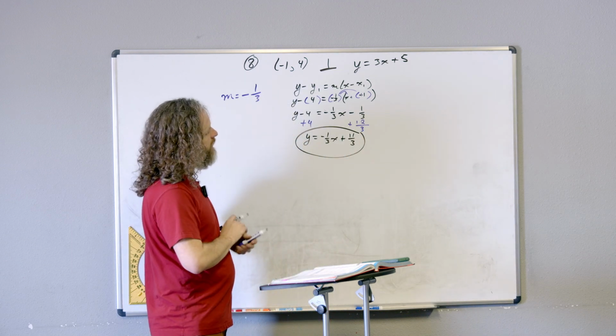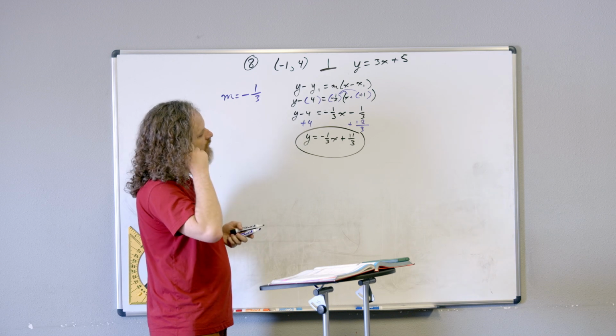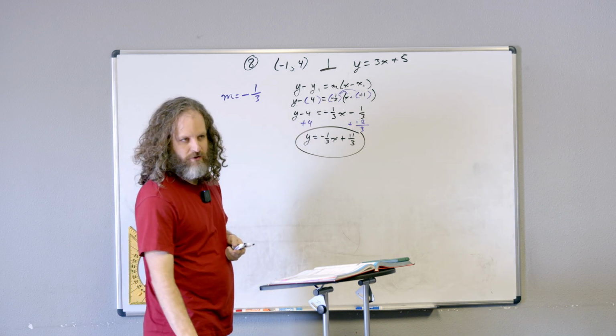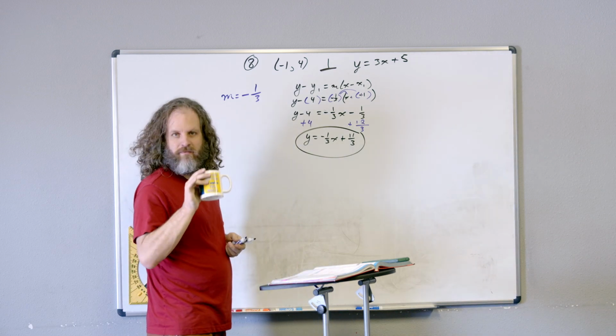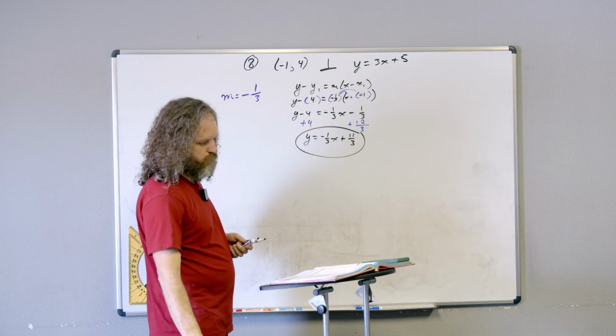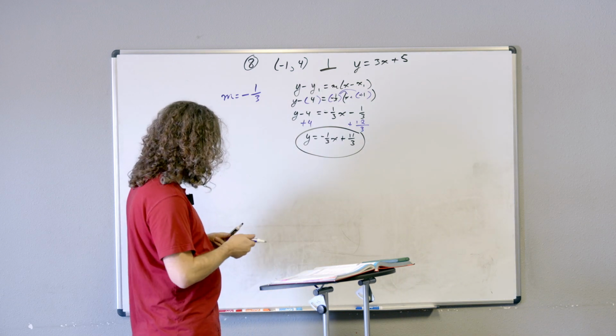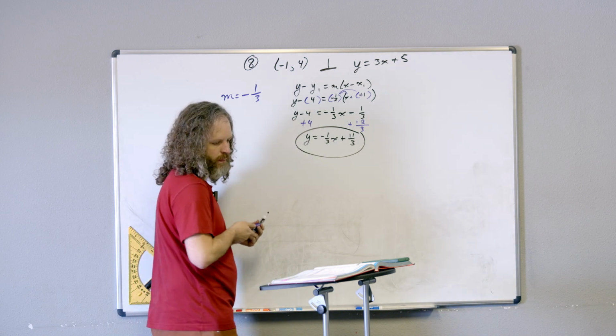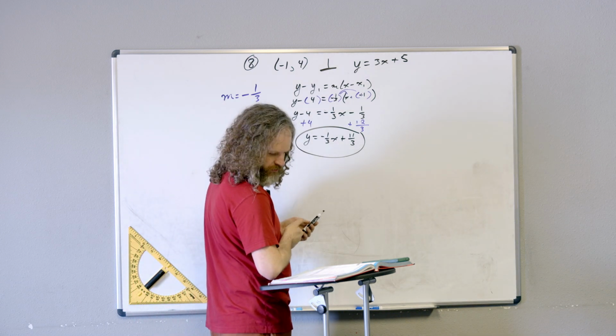Which if you wanted to write that as a mixed number, that would be 3 2/3. Okay. And can we do number 20? 24? Sure.